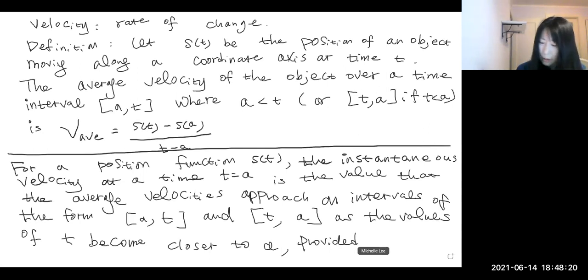Okay, so this is basically same as earlier. The average velocity is the same as slope of secant line, okay? And instantaneous velocity is the same as slope of tangent line, okay? Two points are getting closer to each other, okay? And then the instantaneous velocity will be a limit later on. So they said provided such a value exists. So we said the limit exists, okay?